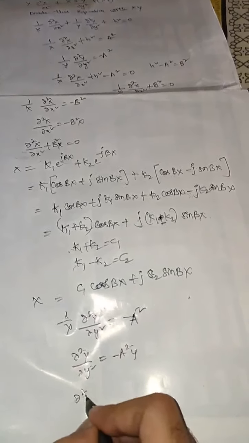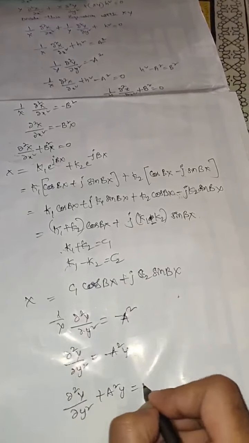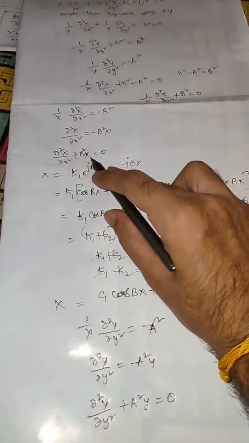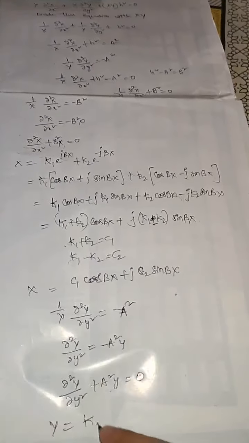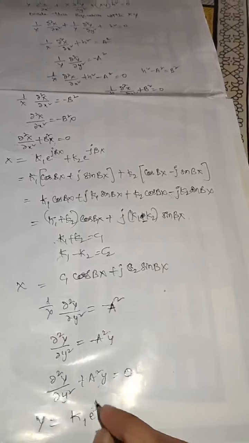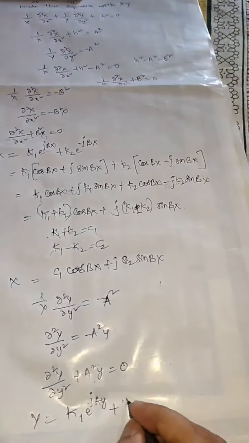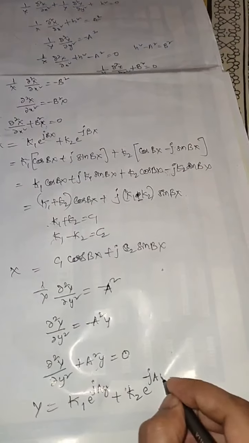This can be written again as dou square y by dou y square plus a square y is equal to 0, which is in the same form as the equation for x. So it's the same solution: k1 e to the power of j a y plus k2 e to the power of minus j a y.